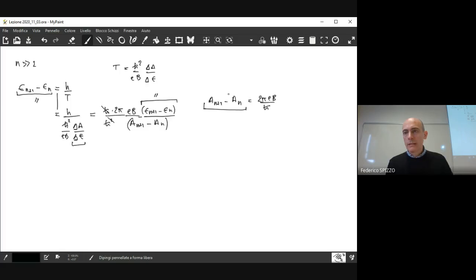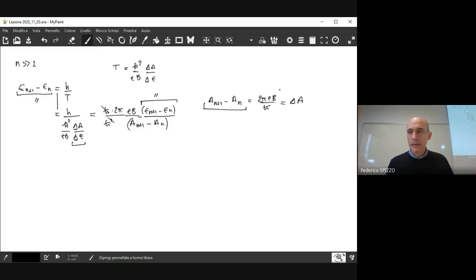So A of n plus 1 is the area corresponding to the intersection between the Fermi surface and the cylinder corresponding to index n plus 1. And A of n is the same area, but in this case you consider the intersection with the cylinder corresponding to the index n. This expression tells us that the area variation when you switch from n plus 1 to n is constant. So it doesn't depend on any feature of the electron or of the system, nor on the wave vector.